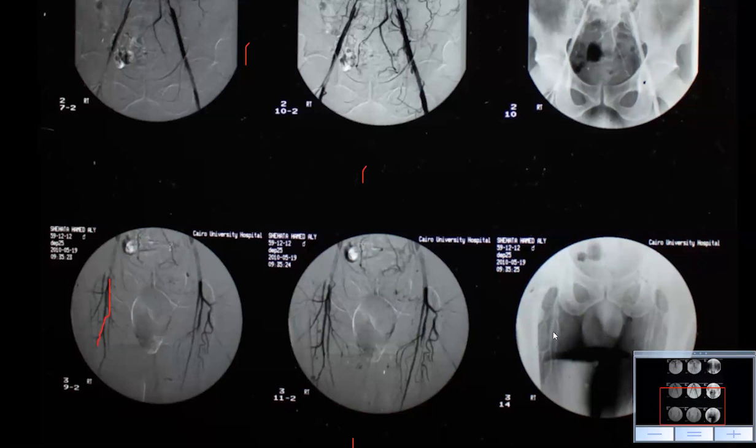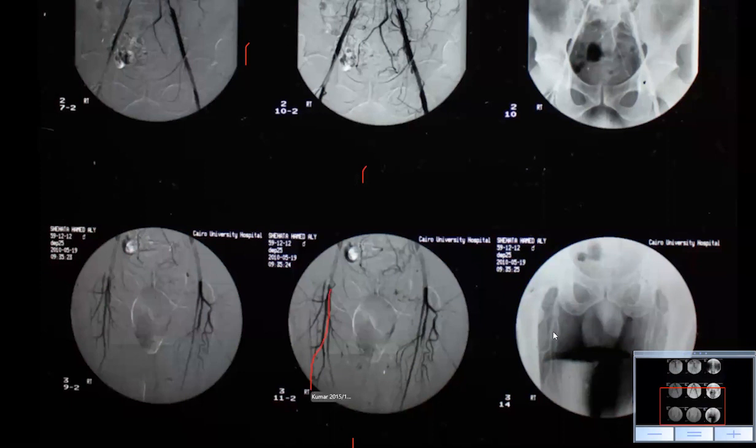This is the profunda. The SFA continues all the way down to the profunda. If you follow the next image, it may be clearer. Move to the image to your right hand side. Where's the profunda? Continue the profunda.